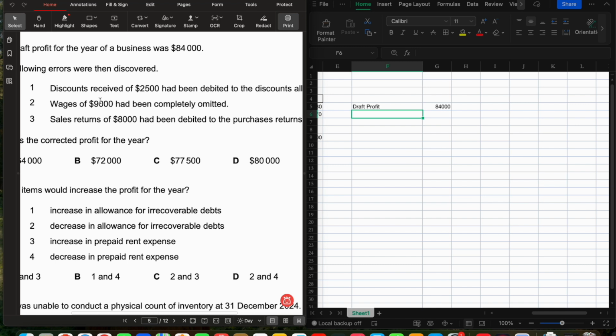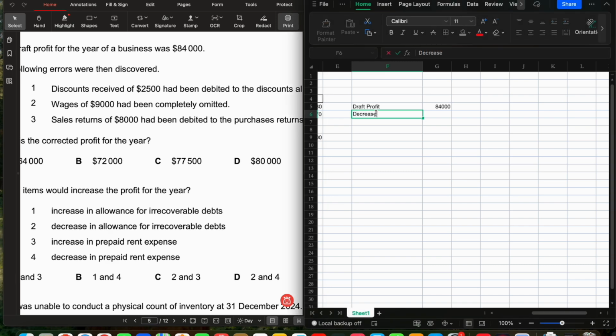And then when we put it back into the discount received account, my profit will increase again. Decrease in discount allowed, which is 2500 added to the profit, and increase in discount received 2500, so it is also added into income.